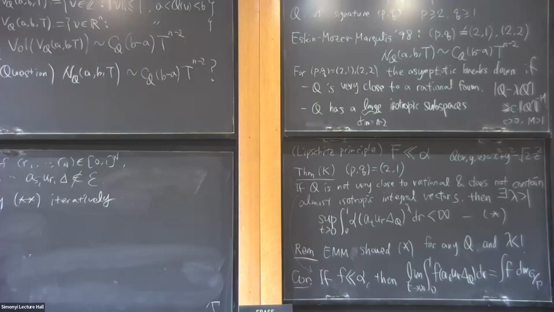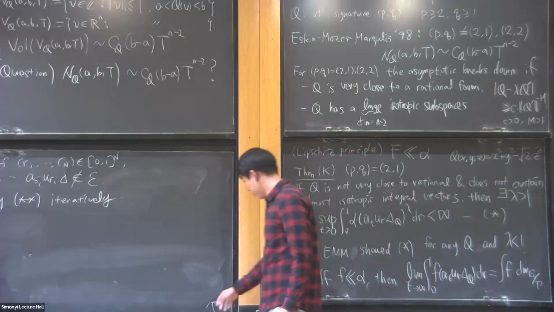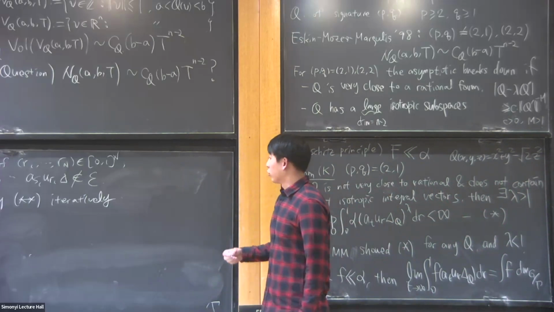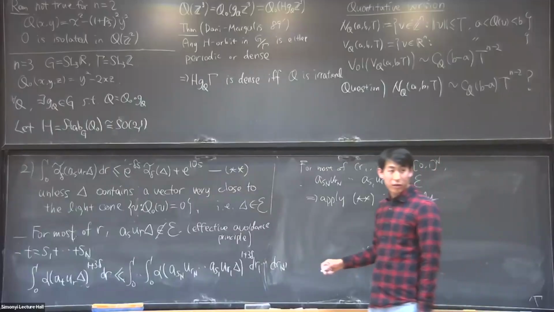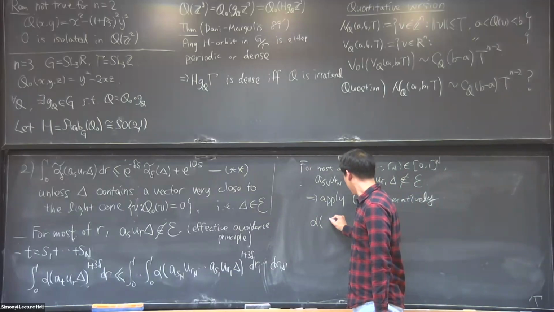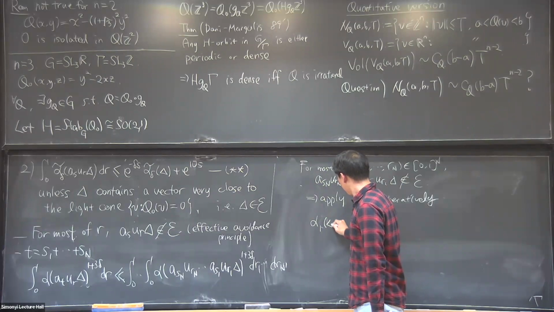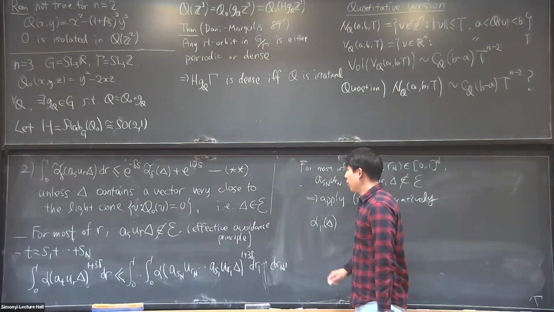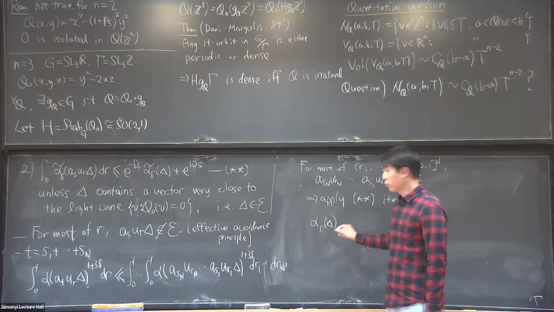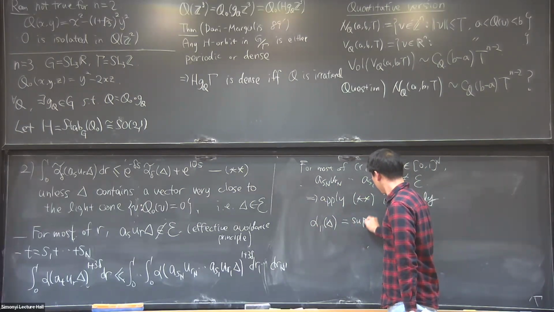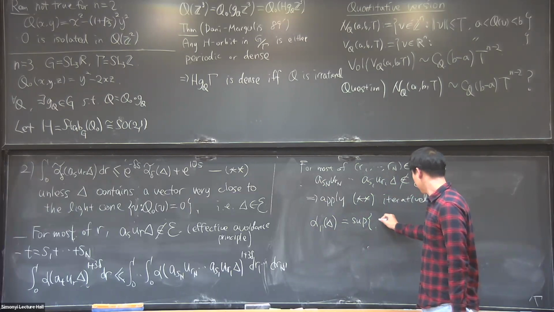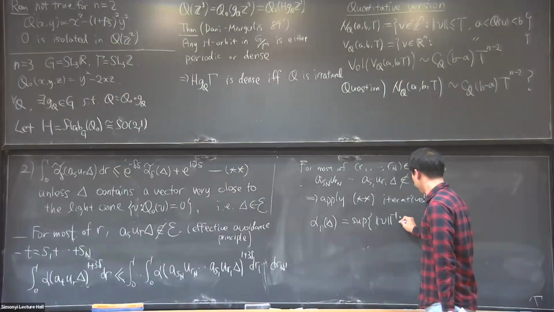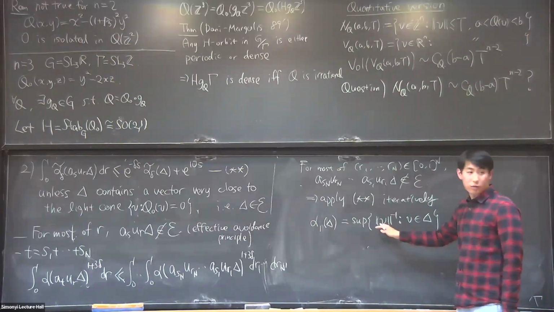What's the definition of this alpha delta tilde, roughly? Roughly, for the n equals 3 case, let me go back to alpha 1, alpha 2. For the original alpha, the supremum was taken of the inverse of the shortest length.